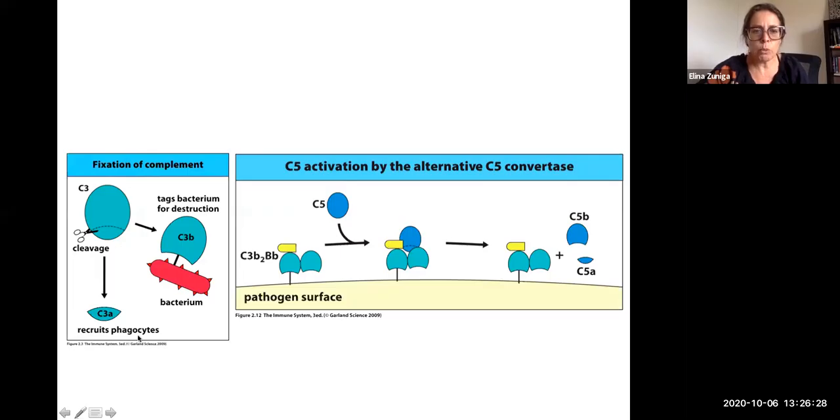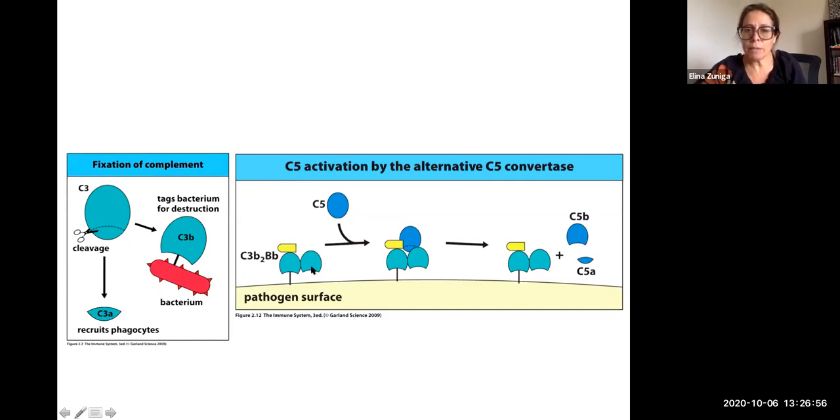And we learn how the C3a is important for recruitment of inflammatory cells, and I have a slide showing that. But the C3b will now covalently bind to the pathogen surface and tag the pathogen for destruction, okay? And we will learn more about that.